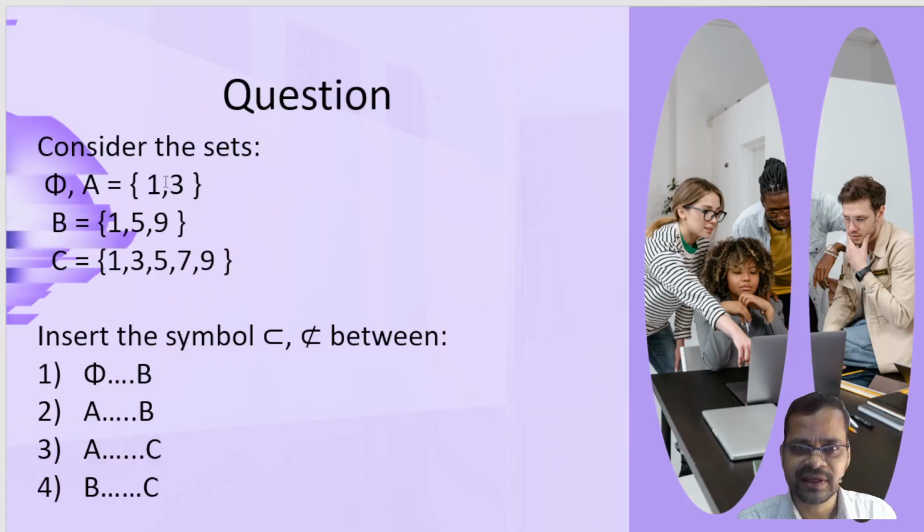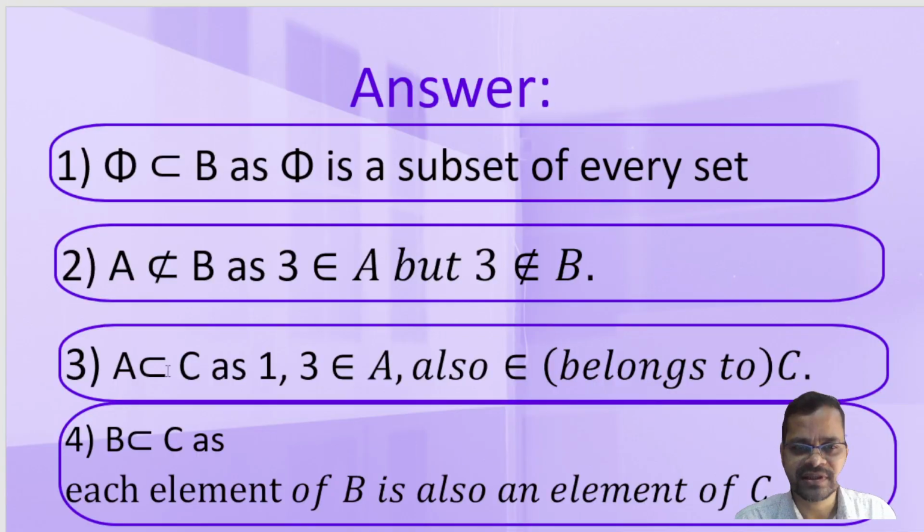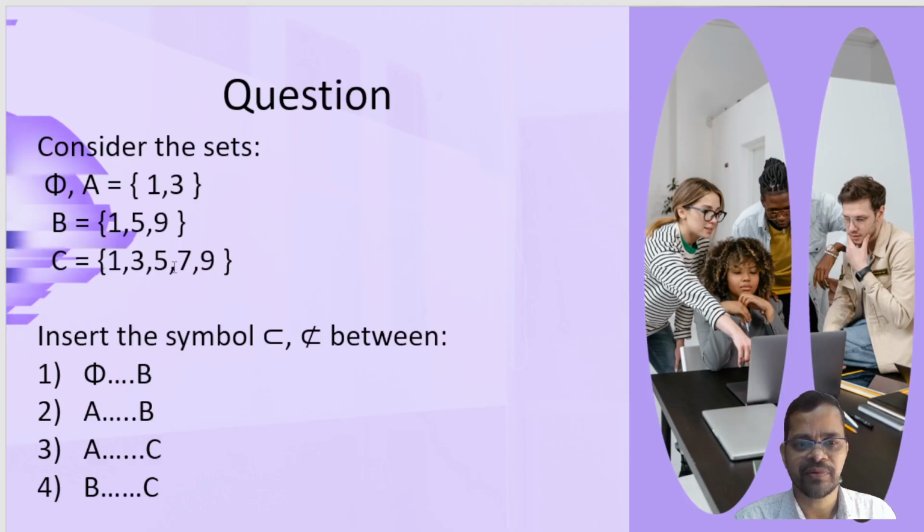It means A is a subset of C. See the answer: A is a subset of C as 1, 3 belongs to A. This is the epsilon sign, popularly termed as belongs to. Also, 1, 3 belongs to C. So we have the answer that A is a subset of C.